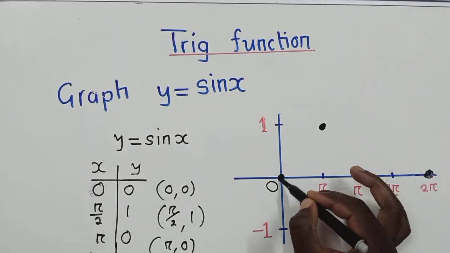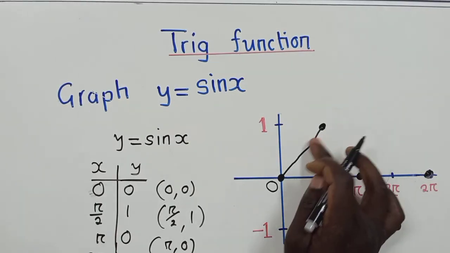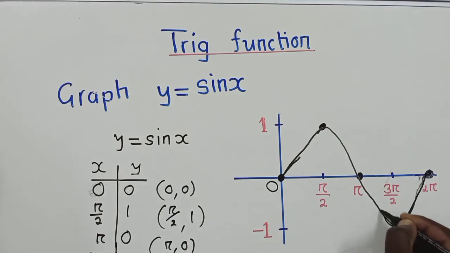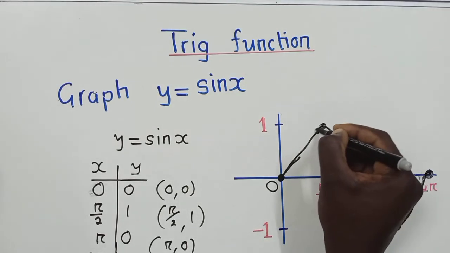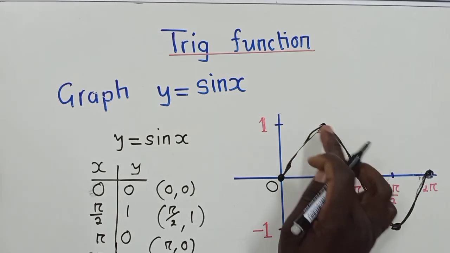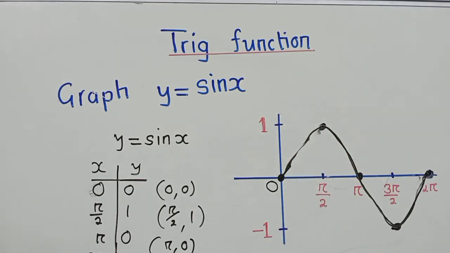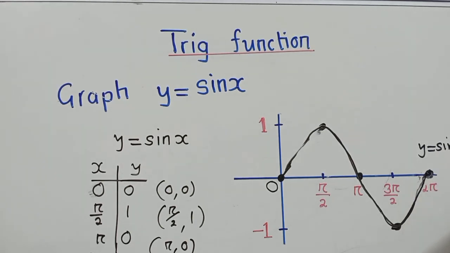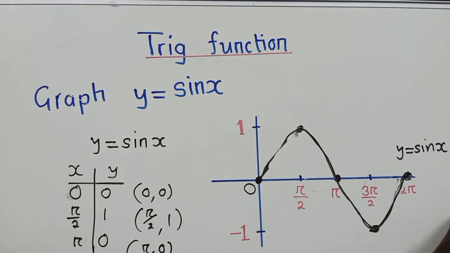So we'll join. Our graph will look like this. So this is our graph. We've got a graph right here. And we can say this is y is equal to sine x as our graph right here.